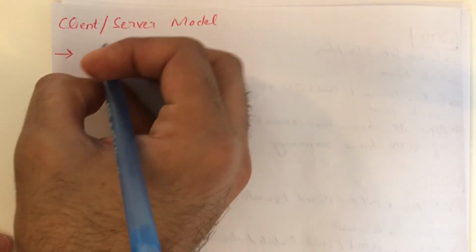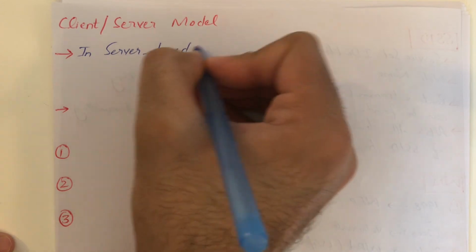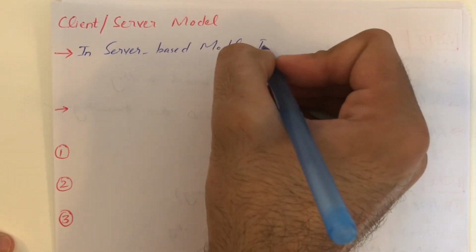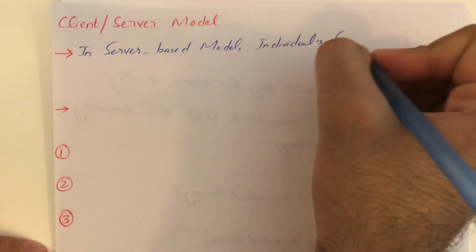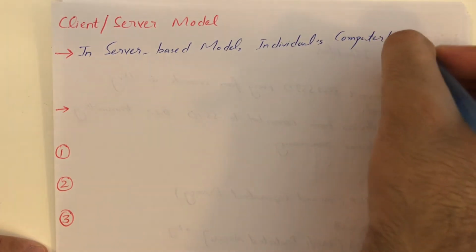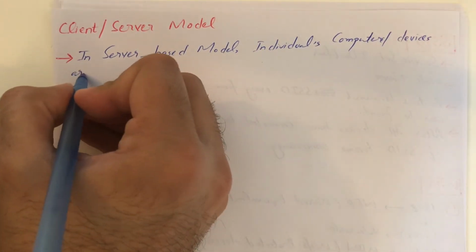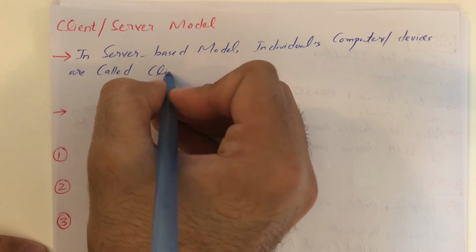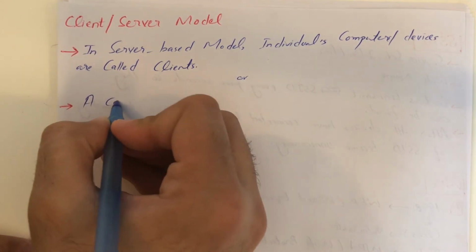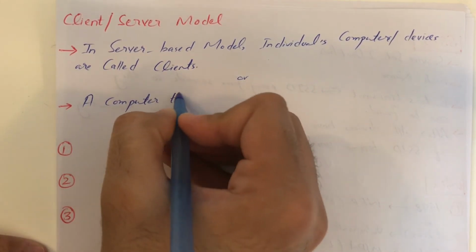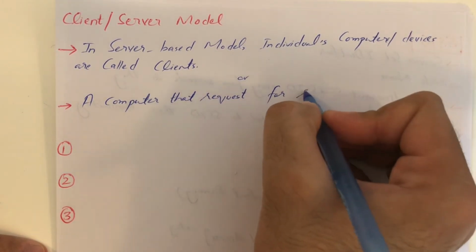So in server-based models, individual computers or devices are called clients, or as I mentioned earlier, a computer that requests resources.